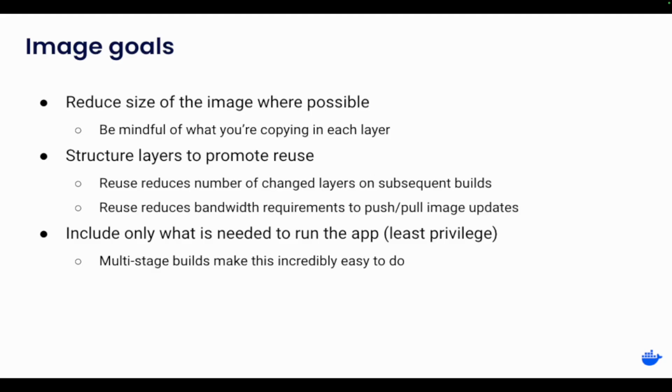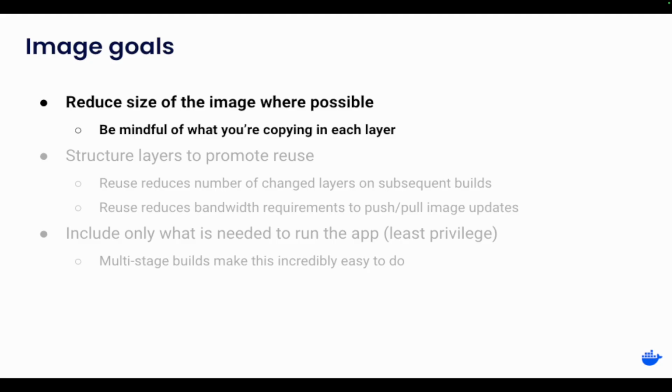So we don't want to include extraneous tools that were important in development in our production environment. So how are we going to do each one of these things? Well, the first is we're going to think about what we're copying in each layer and how we can structure it to make sure that we're only adding the things we really meant to add.